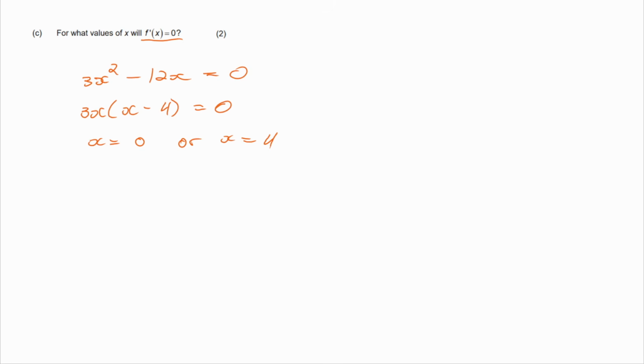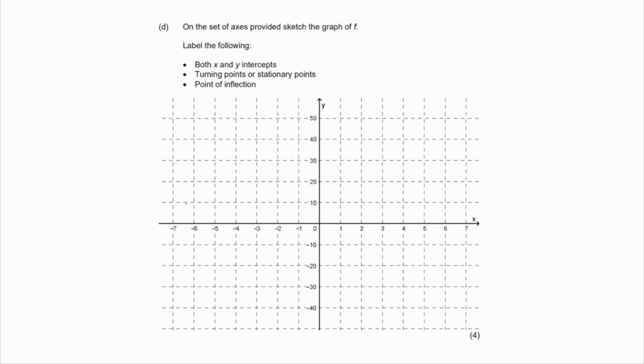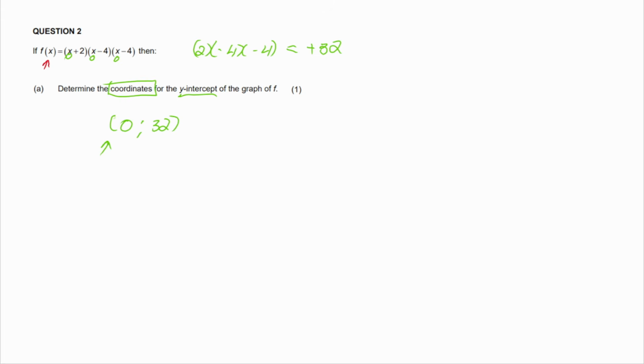Not too bad. And now for D, they say on the set of axes provided, sketch the graph of f, labelling the x and y intercepts, turning points or stationary points, and the point of inflection. All of this is for 4 marks, so it's important that you know the general shape of a cubic.